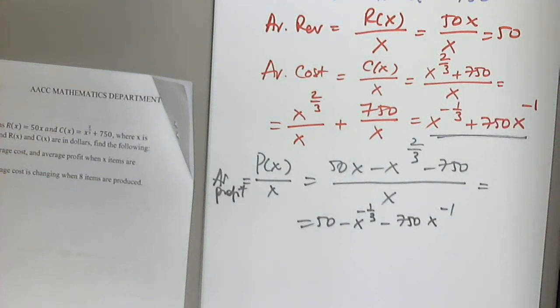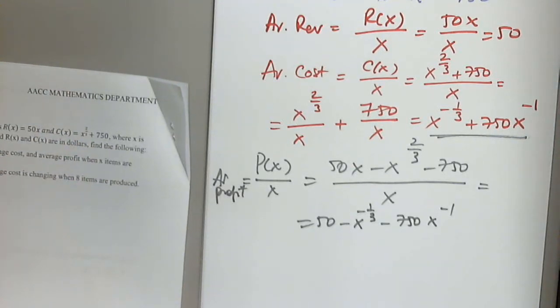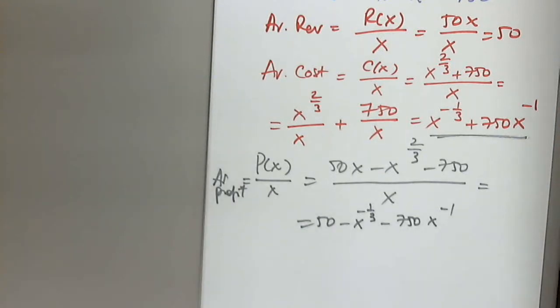But in part B, the rate at which the average cost, just the average cost, is changing when 8 items are produced. So now I'm asked to find the average rate of change of the average cost when x is 8. So I have to differentiate this and then plug in 8. Is that clear?